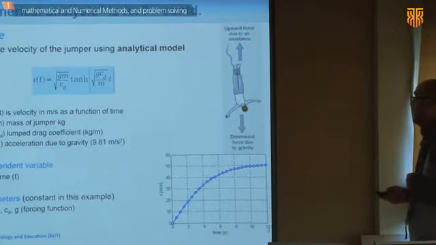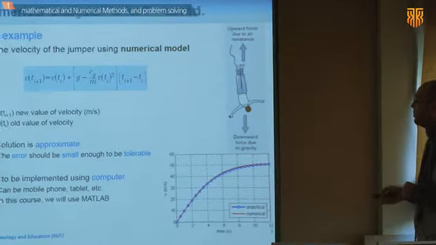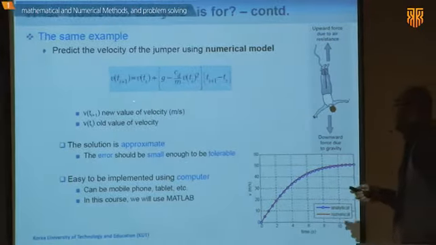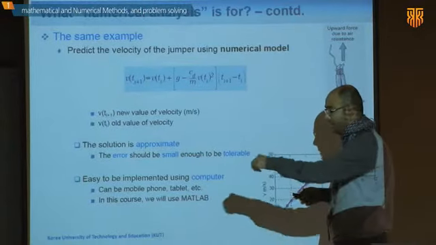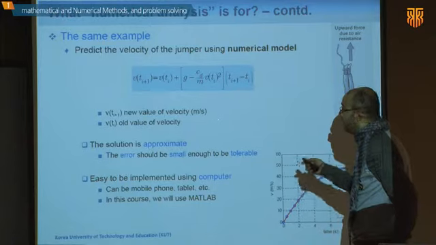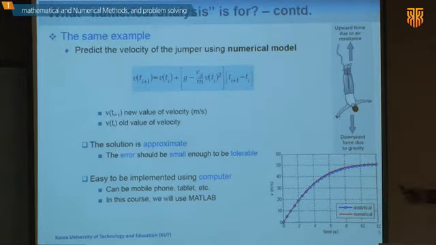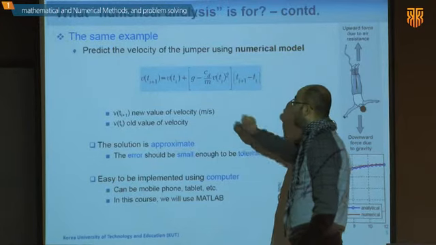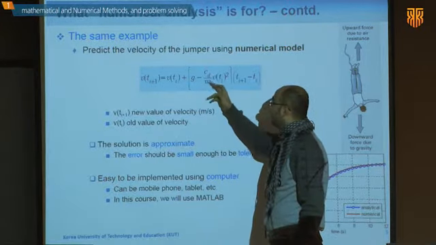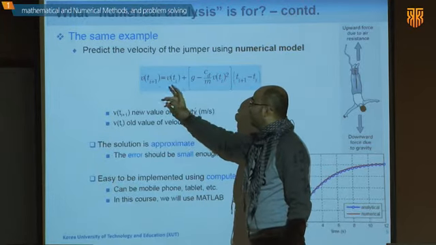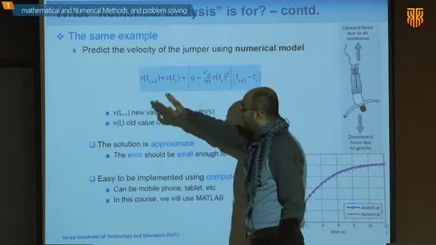So this velocity can be given as V(t_i+1), meaning the future value of the velocity, equals the current velocity plus some value. These are all numbers, t_i+1 and t_i, V(t_i), the three of them squared; this one is given, and this one is the old value.